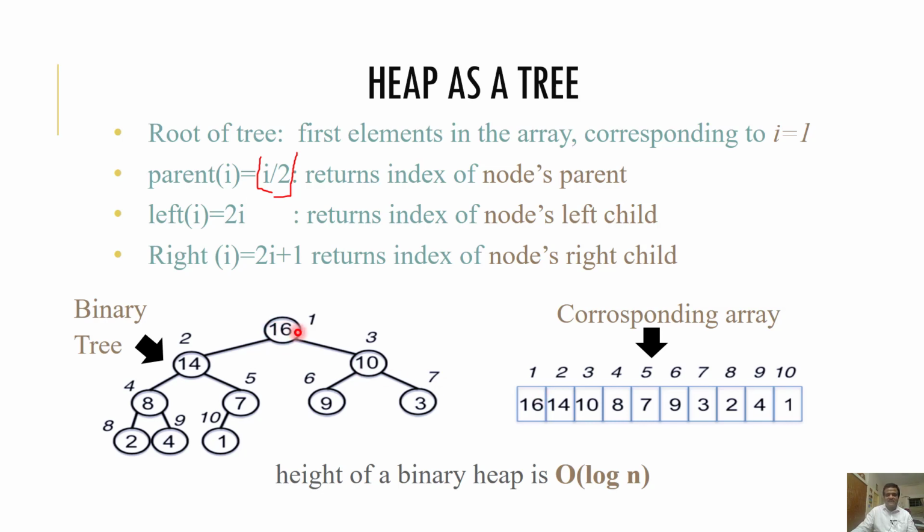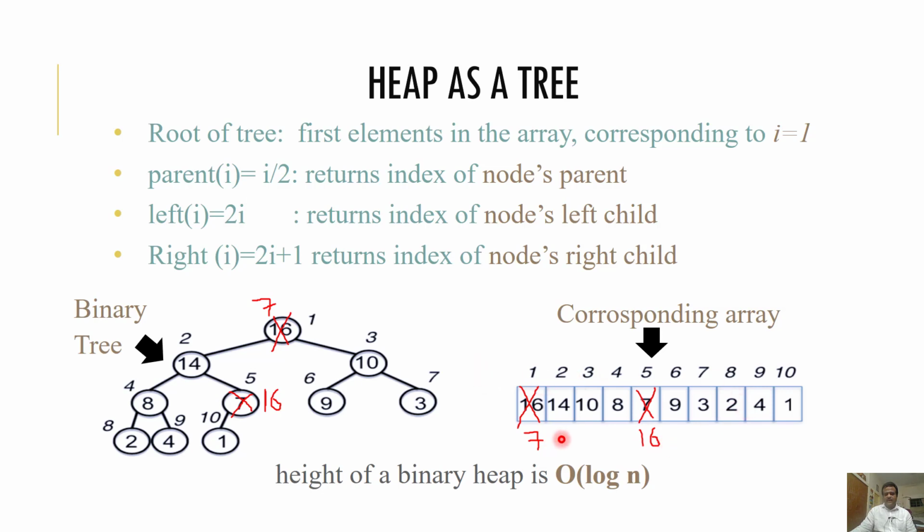a max heap. If we change this to some other number, say 12, and put 16 over here. So for example, suppose instead of 16, 7 is here, and in place of this 7 we have 16.